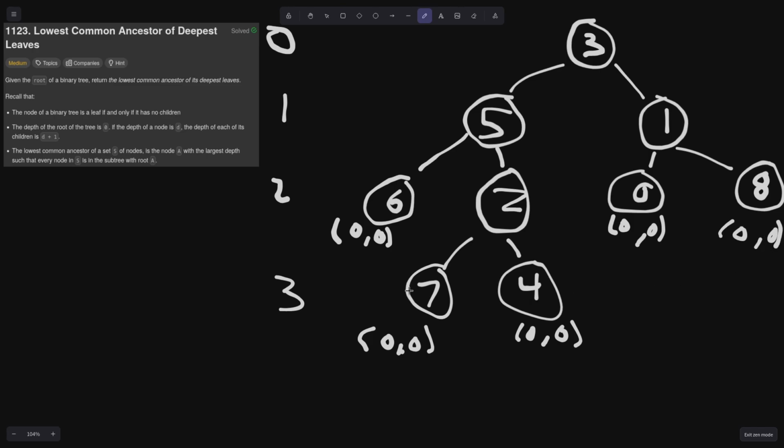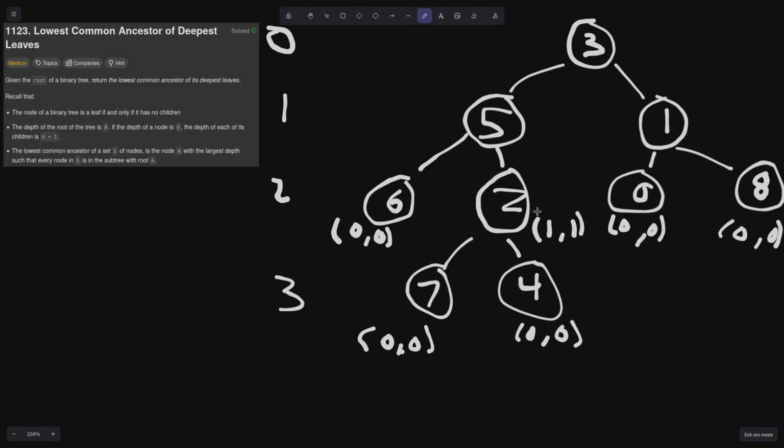Once we get to, say, node 2, this one's going to have a different value. Instead of 0, 0, we take the max of the 2 children's values, 0 and 0, and add 1 to it. So the left subtree depth on 2 is going to be max of 0, 0 plus 1, so 1. The right subtree is also going to be 1.